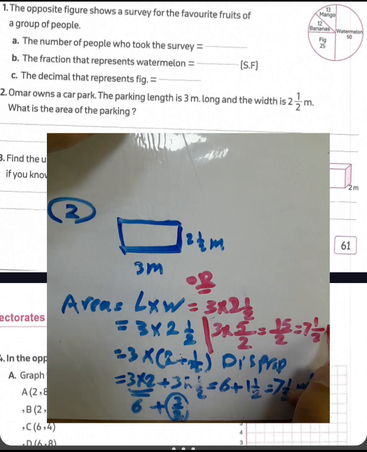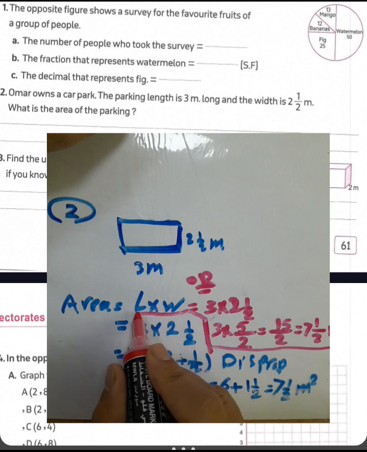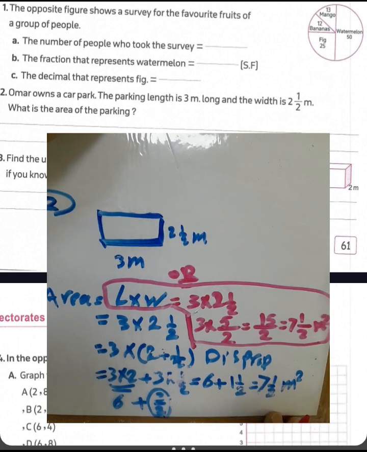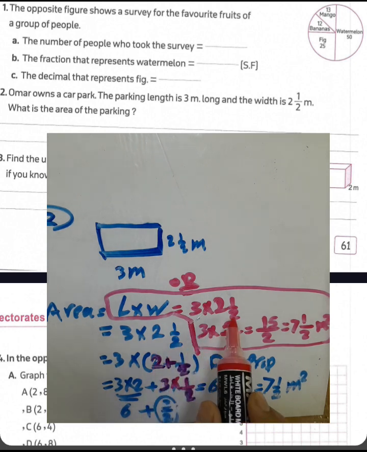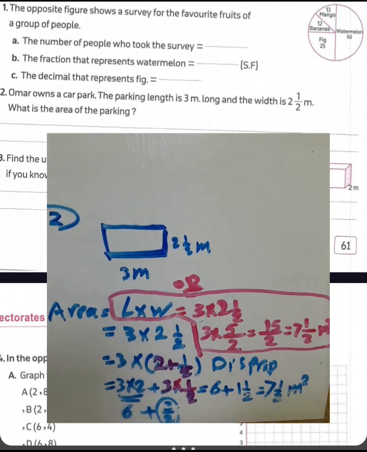The result will be 7.5 square meters. You can solve by this method or that method, as you like. We have 2 solutions for this example: using the distributive property, or converting to an improper fraction and multiplying to find the area.